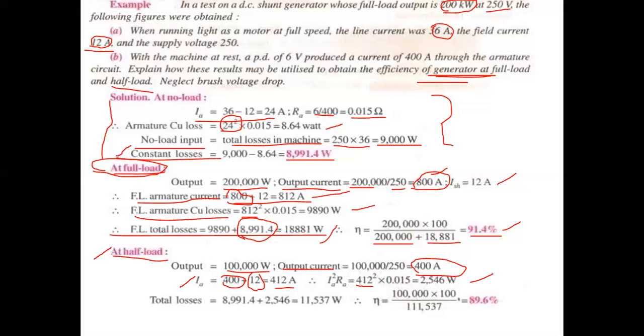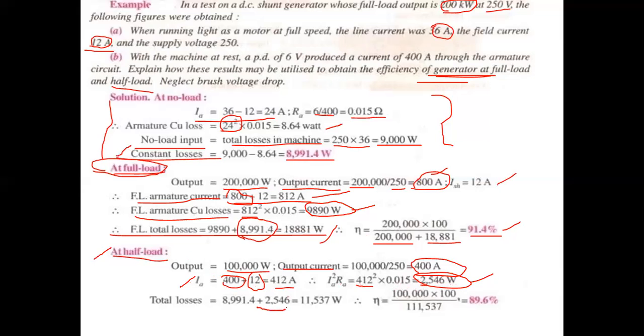Please remember, the armature copper losses at full load are 9890 watts, and the armature copper losses at half load are not half of this 9890 by 2, which is wrong. You have to calculate like this. 2546 is the armature copper losses for half load. Then add this armature copper losses at half load and the constant losses.